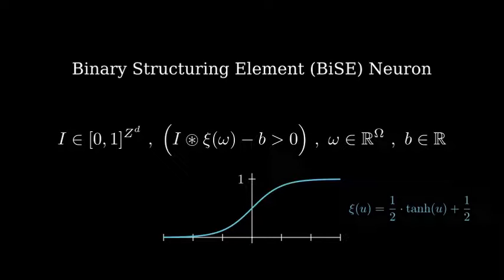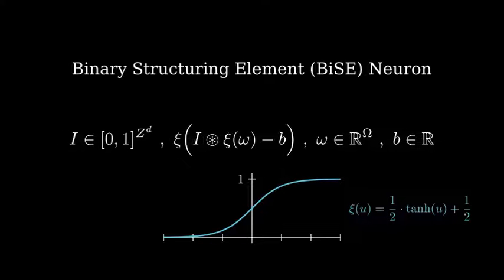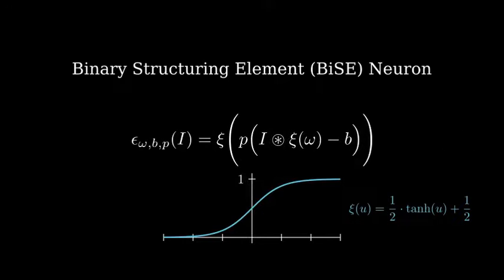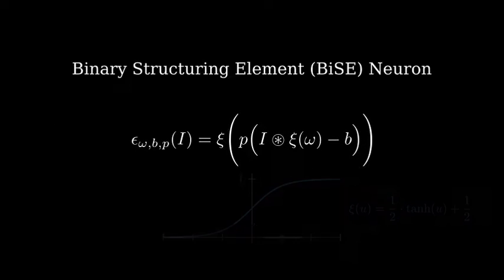By passing B on the other side, we just need to replace the hard threshold function by 0 with a smooth threshold function that we have already defined. Finally, we multiply what's inside with a scaling factor p for practical reasons that will be explained later on. And there you have it, the definition of B's, with learnable parameters omega, b, and p.